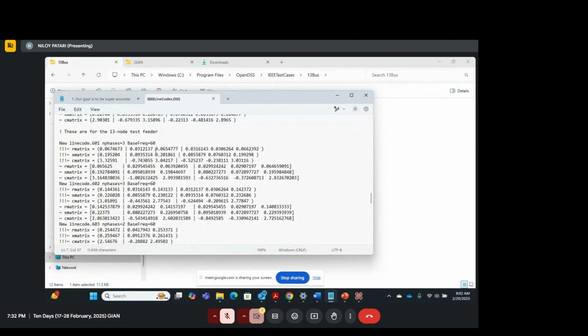If you see redirect, that means it calls this particular file again. So the node circuit .dss calls this file, and then you see the line code is defined here. It's like 601, 602, the different phases I was talking about. The R matrix, X matrix, and C matrix are defined here, so it should be exactly equal to what you see in the docs file.